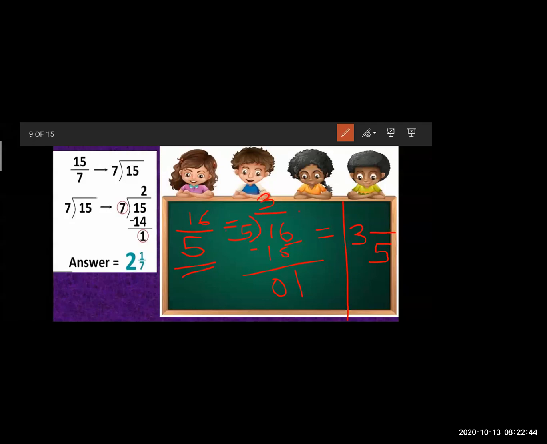Very good. And what will be the numerator? 1. Very good. So we have solved. Very nice. So 3 1 upon 5 is our answer.